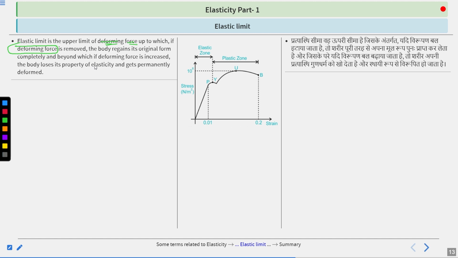But if you continue stretching, and you cross the limit, then the band gets stretched and broken, and even when you remove the deforming force, it will not be possible for the band to regain its original shape. That is known as being permanently deformed.